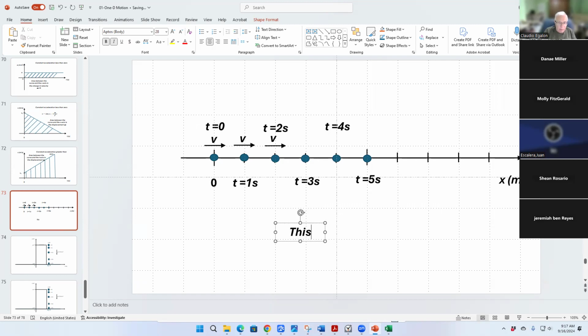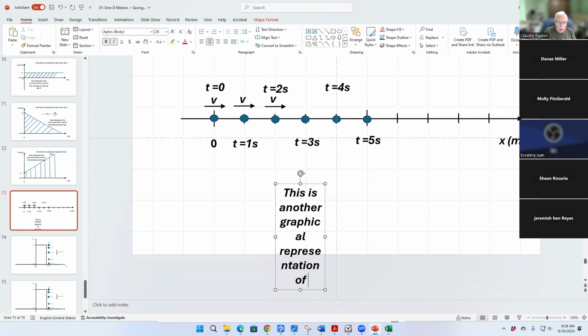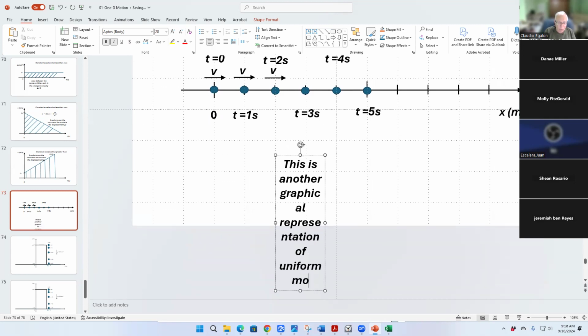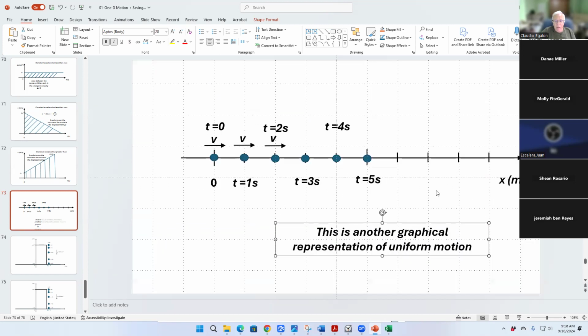This is another graphical representation of uniform motion. Uniform motion means constant velocity. Do you see that?